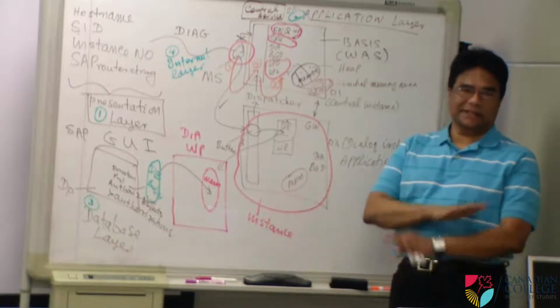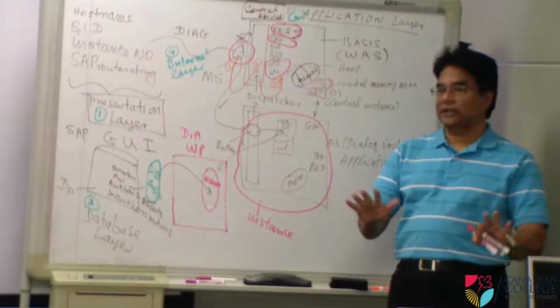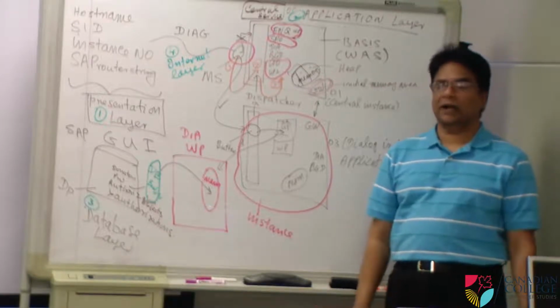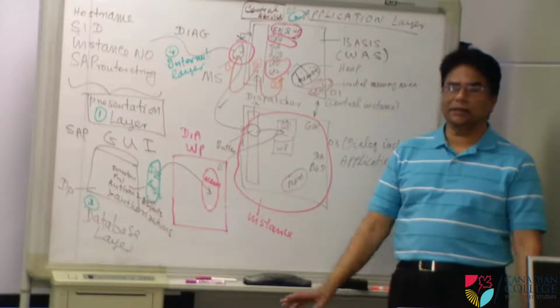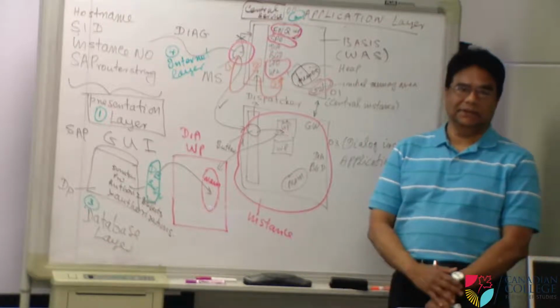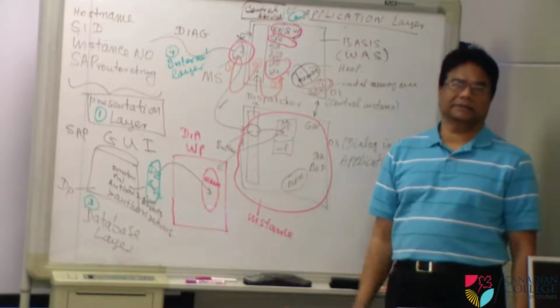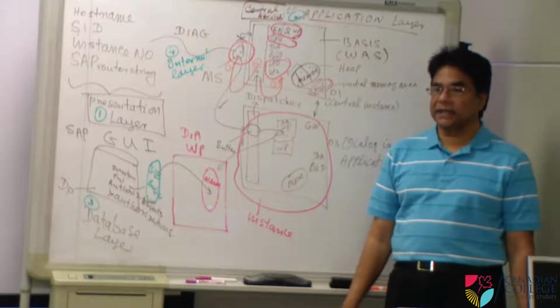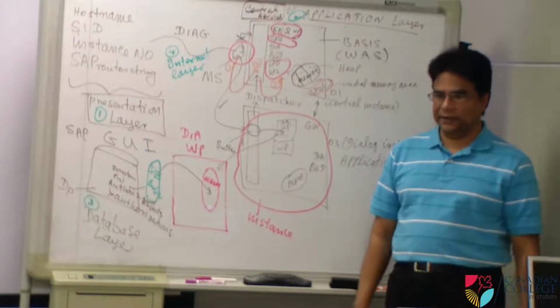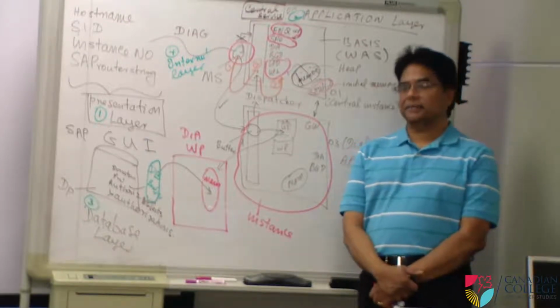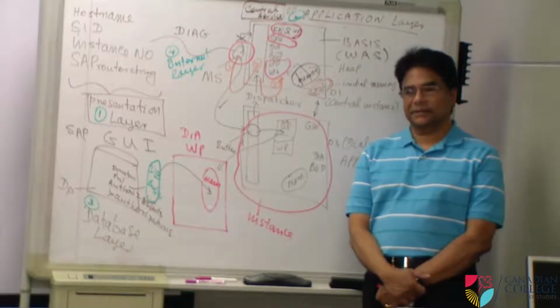So the instance has nothing to do with your information. All the information you created, material codes, material numbers, roles, everything is there. Instance is just an entry point for you. It has many other meanings also.